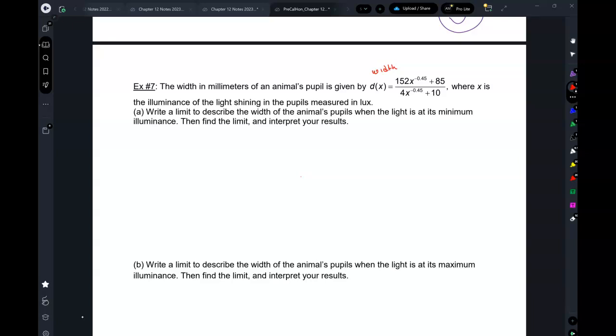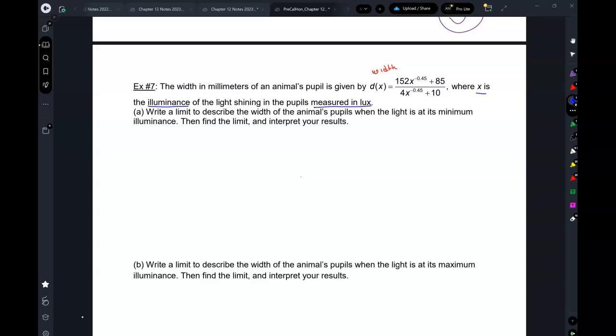Where x is the illuminance of light shining in the pupils measured in lux, right? So again, things that you've never really had to deal with, but here we go. Now we have to work with it and sift through this. So x is illuminance and it's measured in lux.